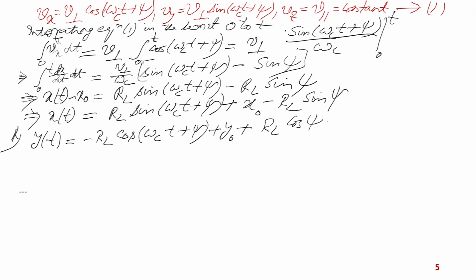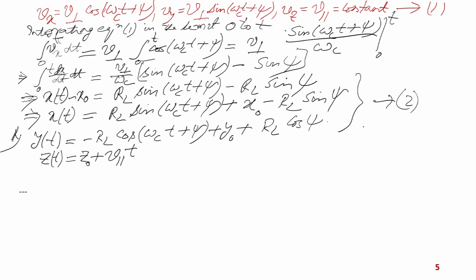And for z, I will get z of t equal to z 0, the value at t equal to 0, plus V parallel, the z component of the velocity, multiplied by the time t. We can name this as our equation number 2.